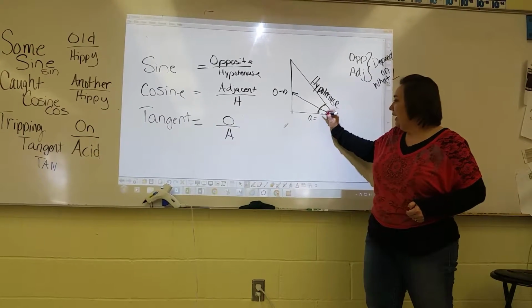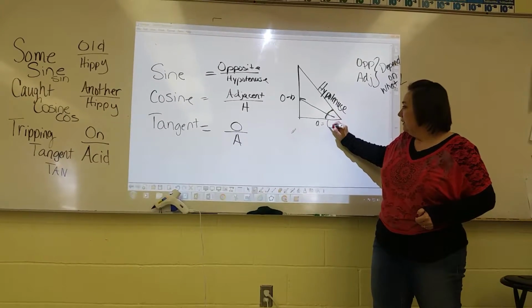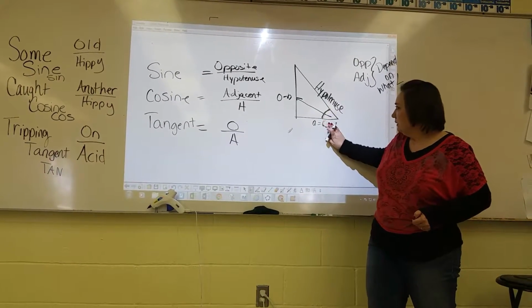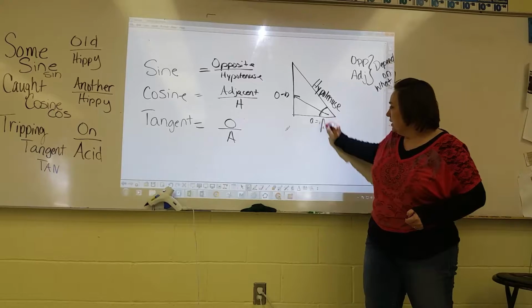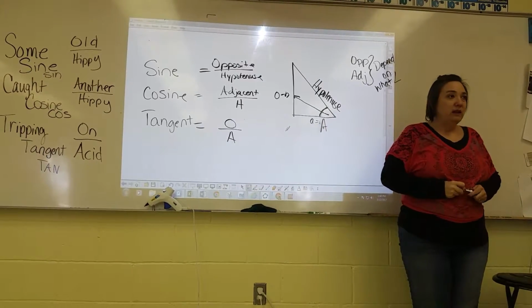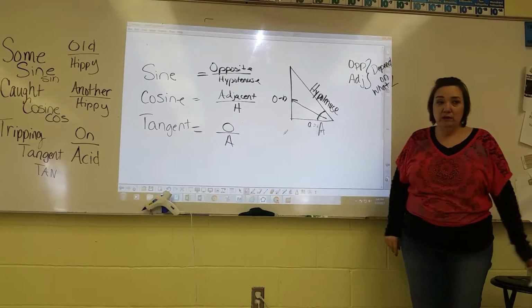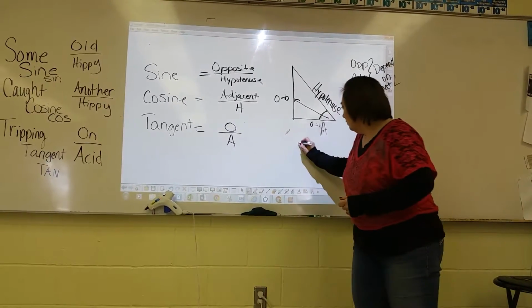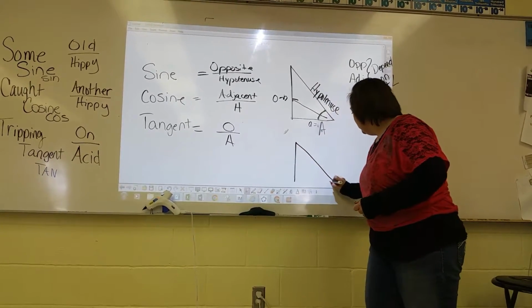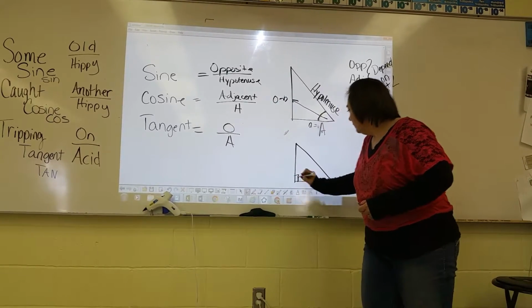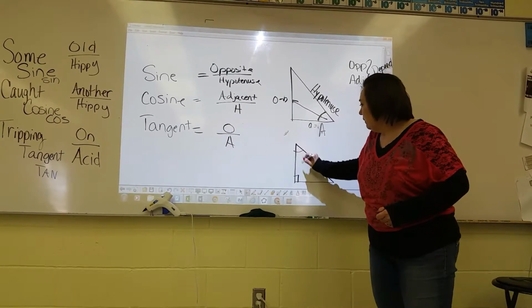Okay, so A is the adjacent side, right? So we're talking about this angle right here. However, let's say I draw that triangle again, only this time I'm going to talk about this angle.